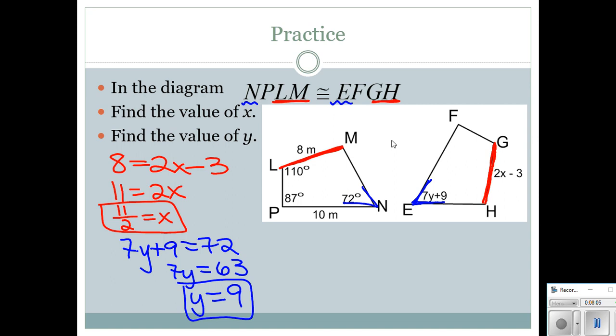So these two are congruent, equal to each other. So you can set up an equation like this. 8 equals 2x minus 3. Add 3 on both sides, make that 11. Divide by 2, 11 over 2. So that is the x. So you can use the congruent equal sign for corresponding sides and angles and solve for x and y.